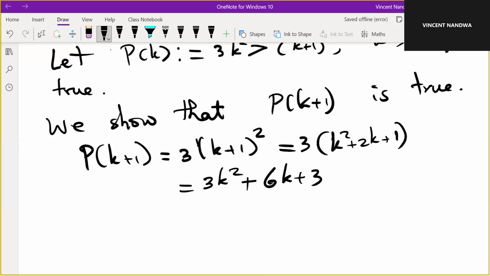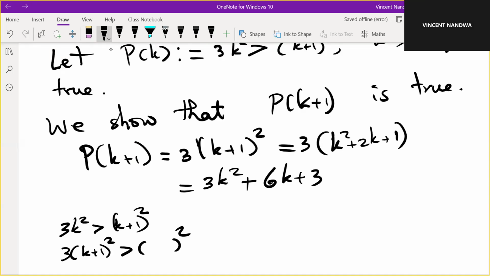If we are told P of K is 3K squared should be greater than K plus 1 squared, then we expect our relation 3 into K plus 1 squared should be greater than which square? K plus 2 squared, isn't it? Yeah, this is the relation that we need to confirm.